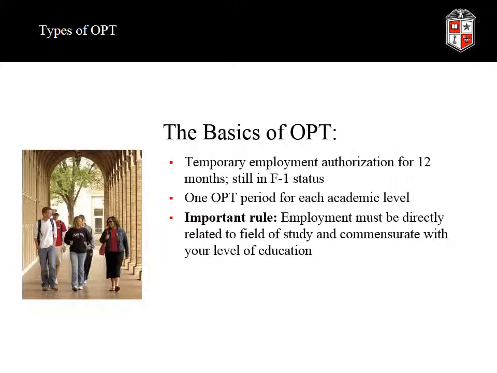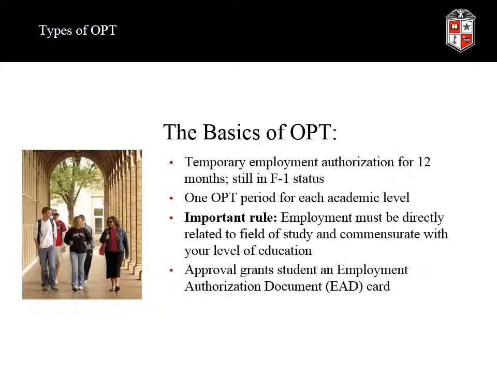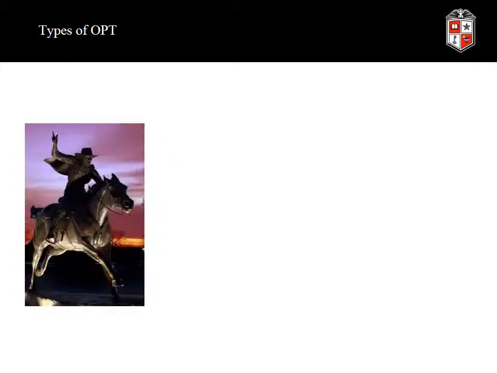It is important to note, though, that the employment must be related to the field of study and commensurate with your level of education. This approval will be granted when you receive an employment authorization document from the government agency that you have applied for this permission from.